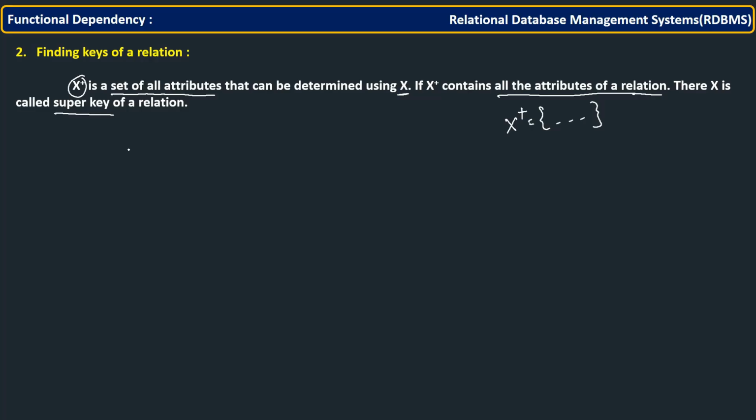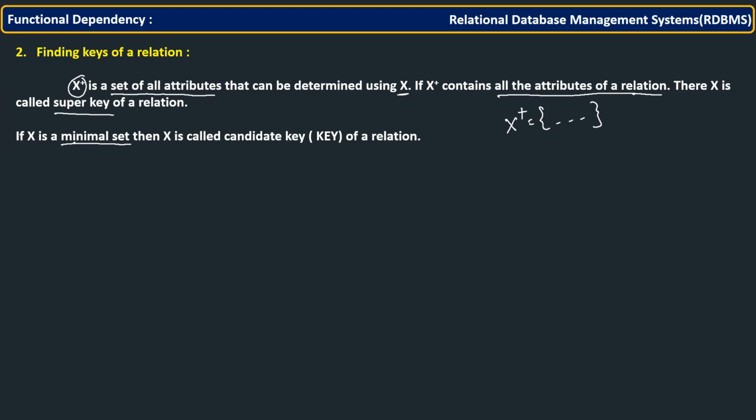And further, if X is a minimal set, okay, that means if you remove any attribute from the set and you are still able to get the same derivation, then that is not minimal, meaning reducible is possible. But if you remove any attribute from the given set and you are not able to derive all attributes, that is an irreducible set, that is the minimal set.